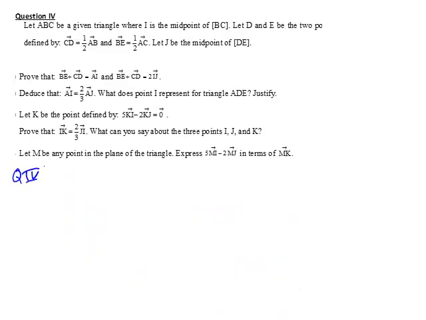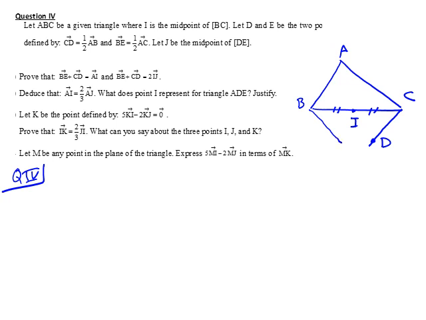Question 4. ABC is a triangle, any triangle ABC. I is the midpoint of BC. CD is equal to half AB, and DE is equal to half of AC.